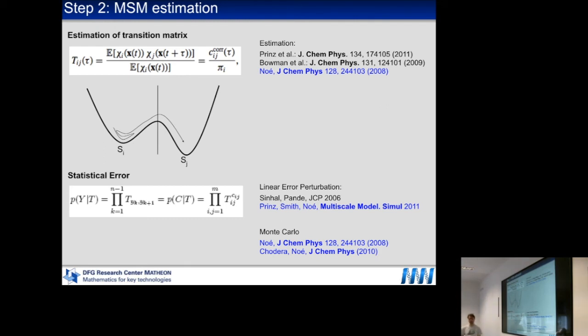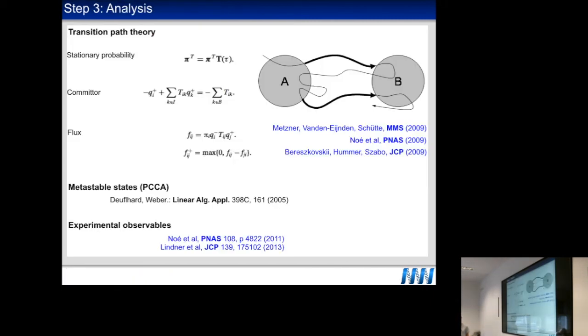Of course, there is still some uncertainty on this number because you only have so much data to estimate this quantity. So there is an uncertainty, and that should be estimated too. And then you have a Markov state model. So then you can start analyzing it. And you will see several ways of doing that.